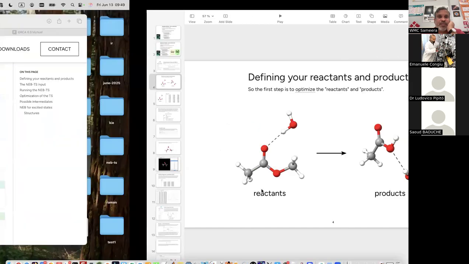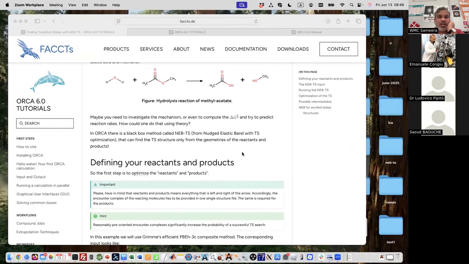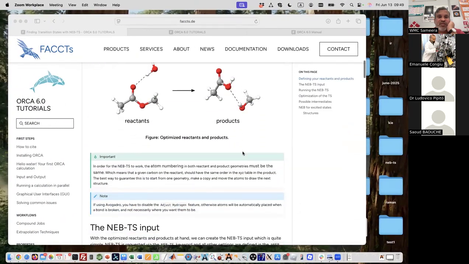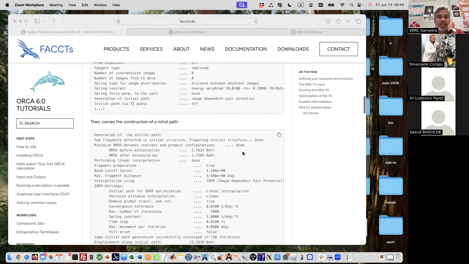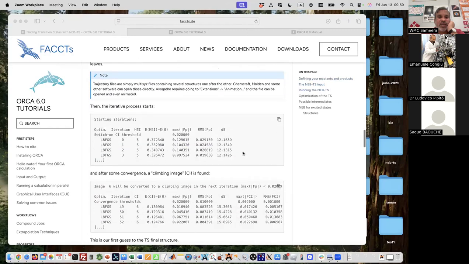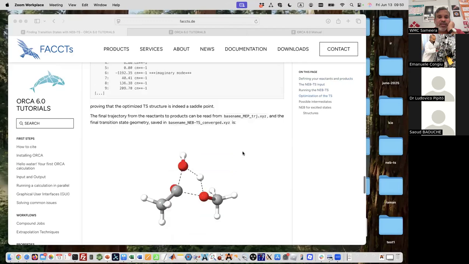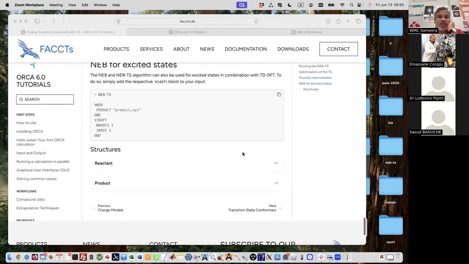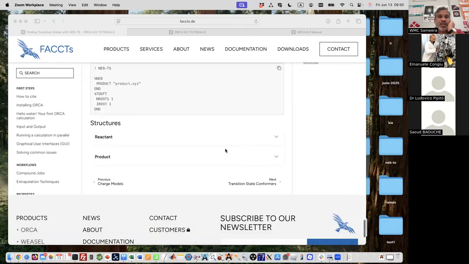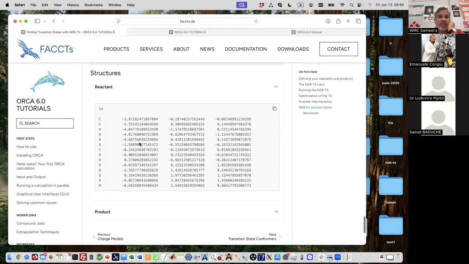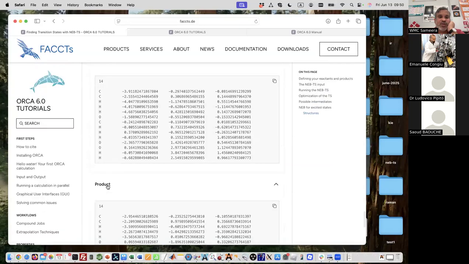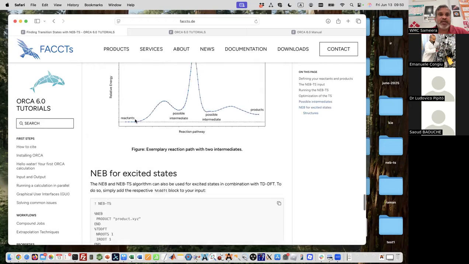Now you can find the starting structures for your calculation here. Here in structures, you have the reactant. Here you have the product structure. You can simply take the coordinates from here.